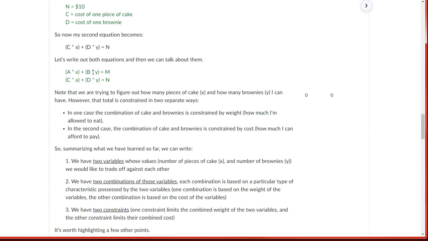I can increase one, decrease the other, and so on and so forth. But this is the important point. I simultaneously have another constraint on those same two variables, X and Y, and this constraint is in terms of the cost. So I can't arbitrarily trade off the number of pieces of cake against the number of brownies just because I'm only satisfying one constraint, but now I have to simultaneously satisfy a second constraint. And that's why these types of equations are also known as simultaneous equations.